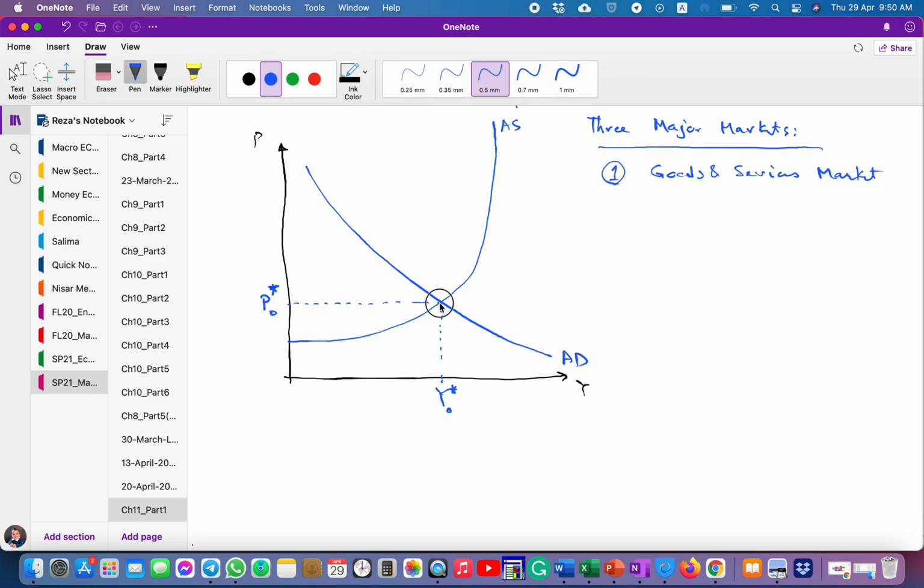If we are at point E here, this market is in equilibrium. Number two, the money market, chapter 10. Is it in equilibrium? Yes, it is in equilibrium.